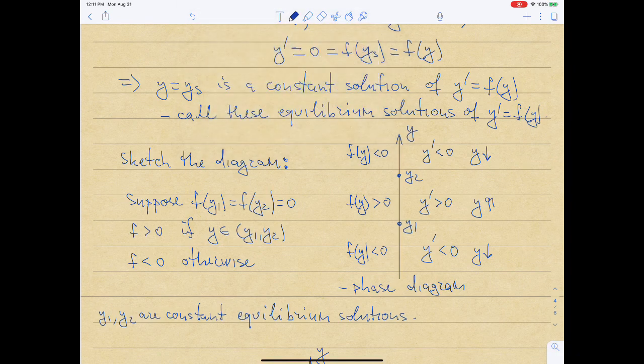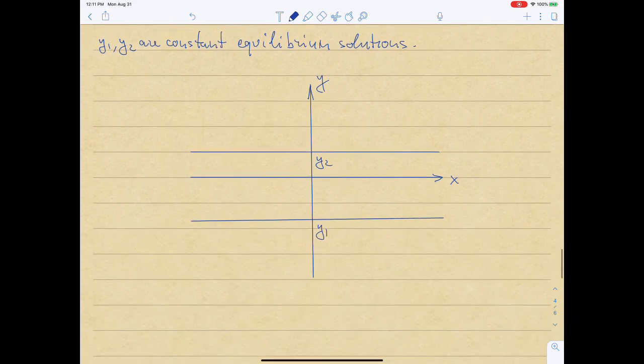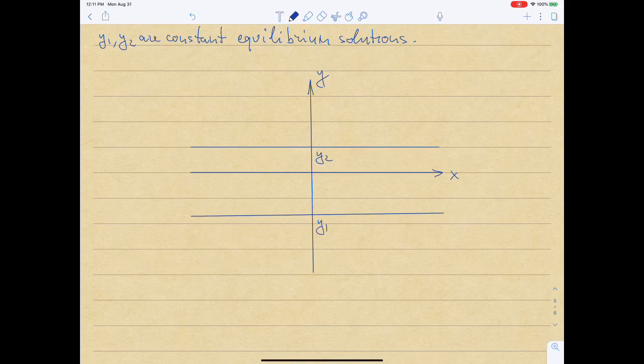So the phase diagram tells us precisely what I just said. Functions must be decreasing if y is bigger than y2. So if I choose any point as a starting point of my solution curve when y is bigger than y2, then the solution curve has to be decreasing because everywhere where y is bigger than y2, y prime is negative. So the solution curve will have to go down.